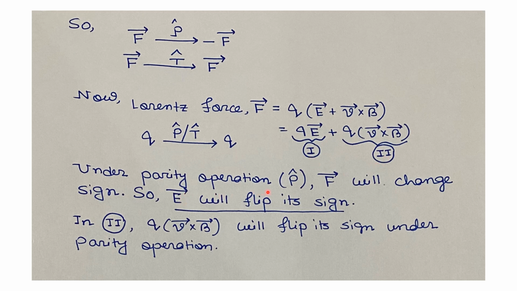Under parity operation, F will change sign, that we know already. So from that information, in this part 1, the E will flip its sign because F is changing its sign under parity operation. So E will obviously change its sign. In 2, q into v cross B will flip its sign under parity operation.